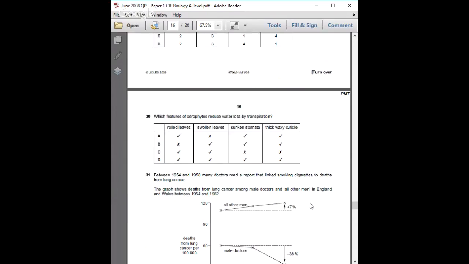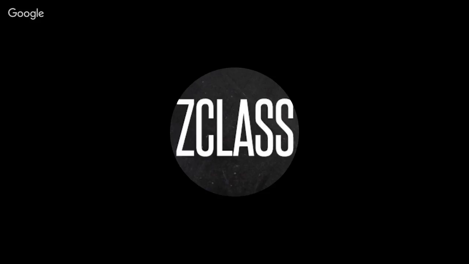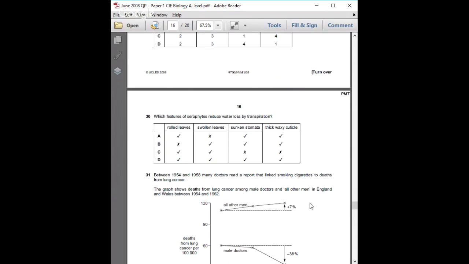Because rolled leaves decrease water loss by transpiration, because it remains humid on the outside of the stomata. Yeah, good.